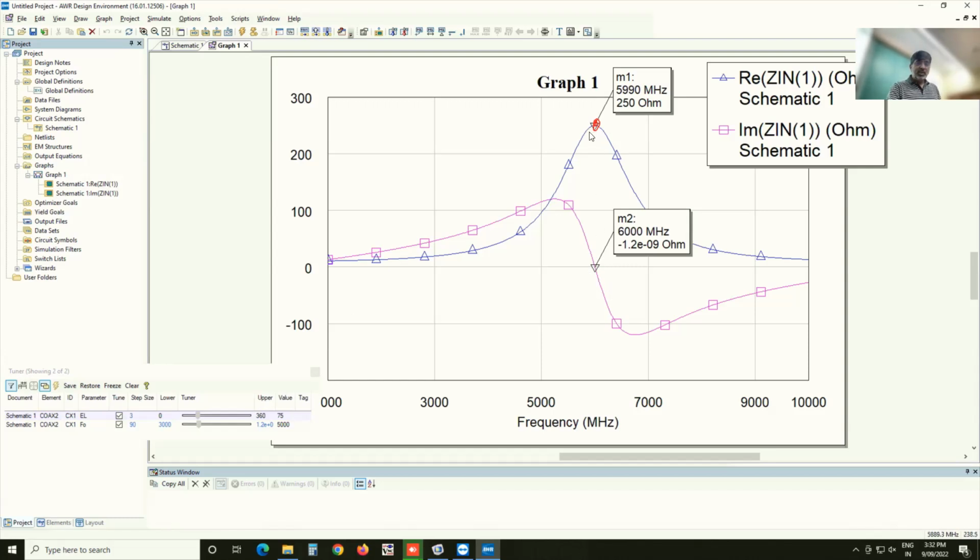But what is determining this shape in the first place, like how quickly it is falling off? That depends on the transmission line's properties itself. This particular thing is called a quarter wave transformer, or a quarter wave impedance matching circuit.